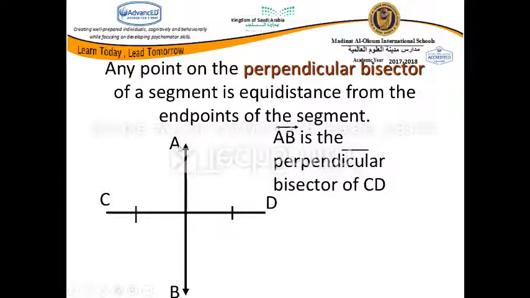For example, if AB is the perpendicular bisector of the segment CD, then AC equals AD, because A lies on the perpendicular bisector, so A is equidistant from C and D. Then AC equals AD, and also BC equals BD.